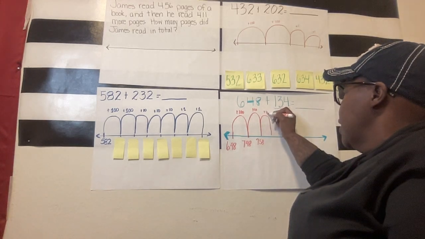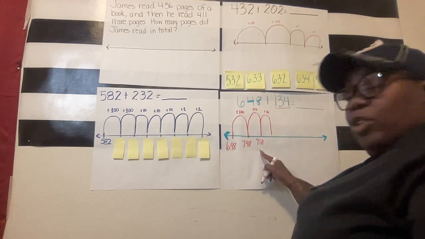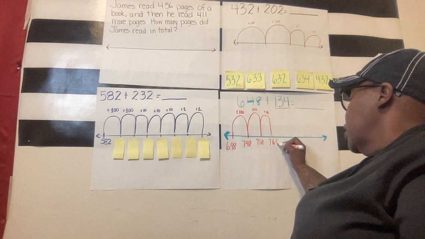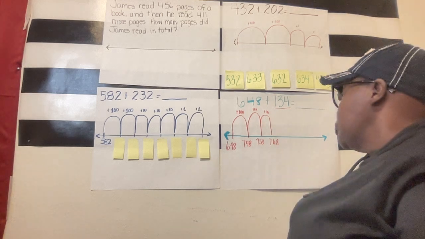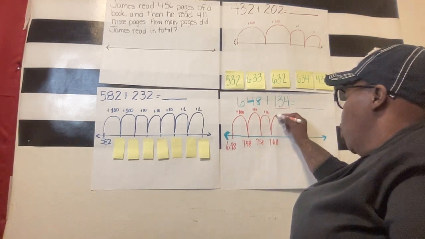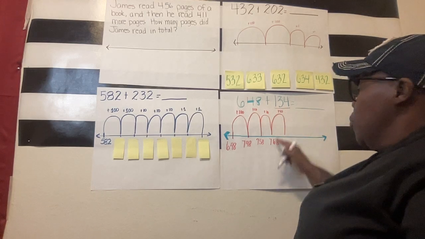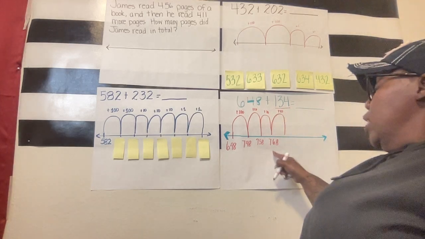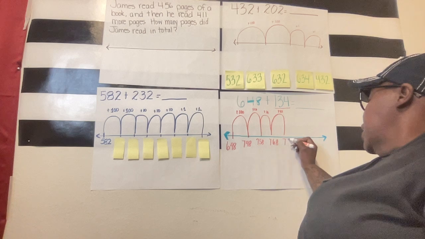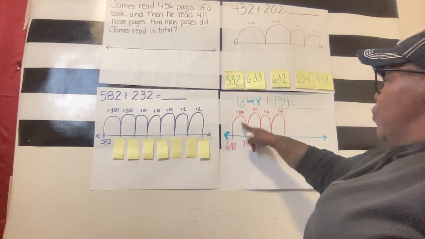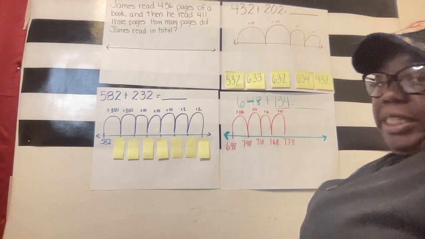Next, 10 plus 758 will give you 768. And one more, 10 plus 768 will give you 778. So now we put jumps in for our hundreds, for our three tens.